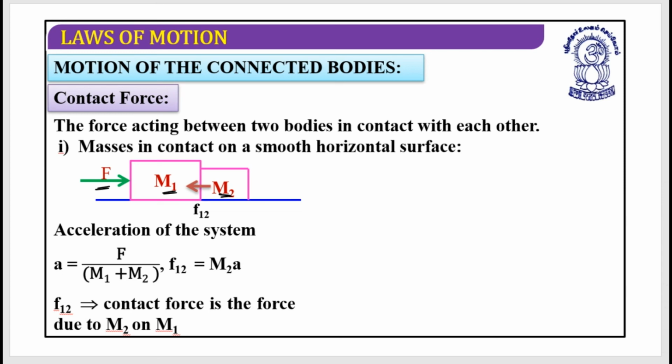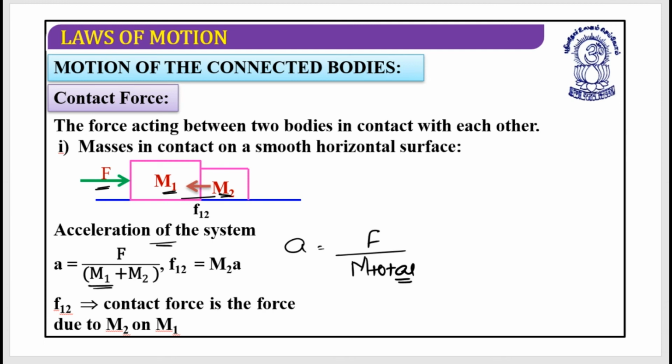So the first task in any of the situations should be to calculate the acceleration. What is the acceleration? The acceleration is equal to F divided by m total. Always remember this, that acceleration is equal to force applied divided by m total. The m total would be the addition of m1 plus m2. So A is equal to F divided by m1 plus m2.